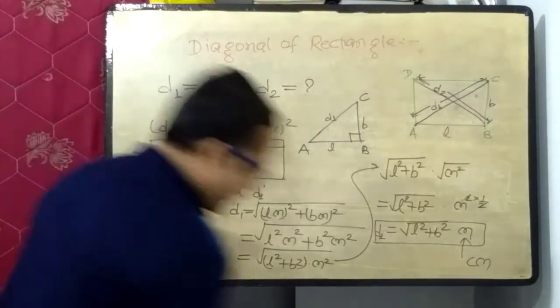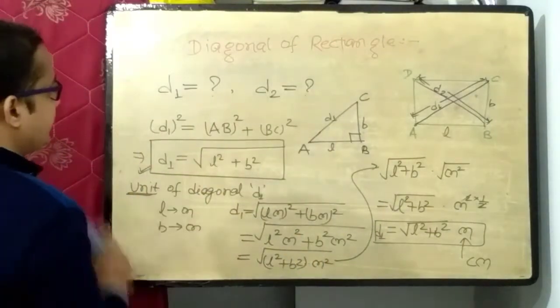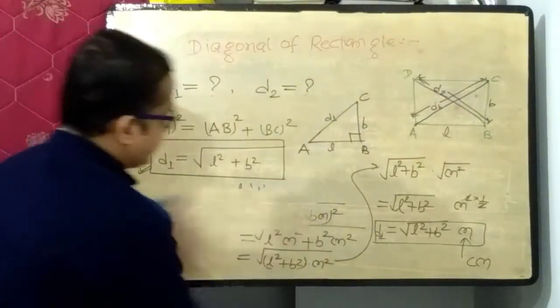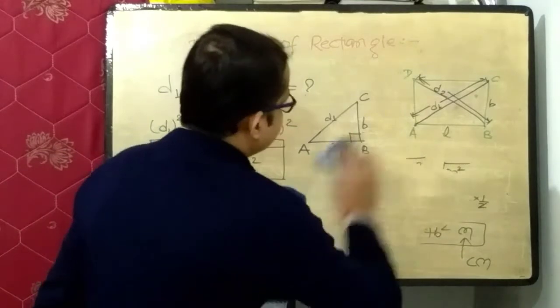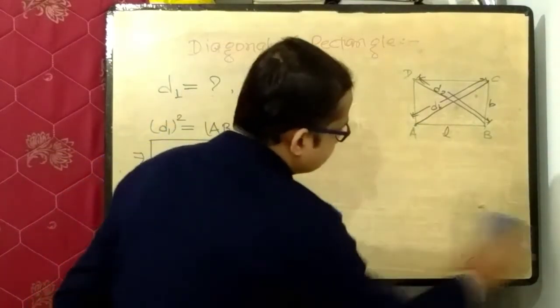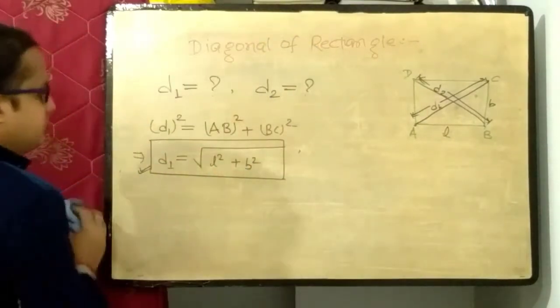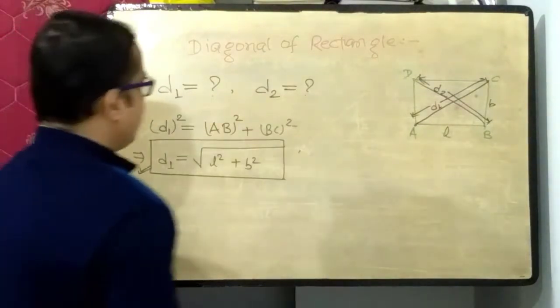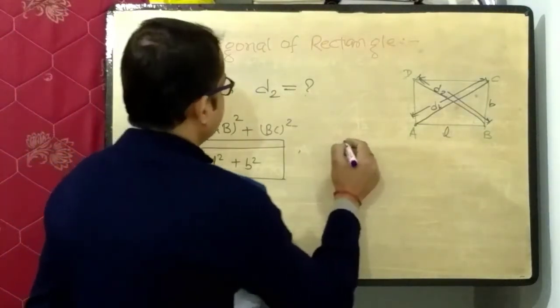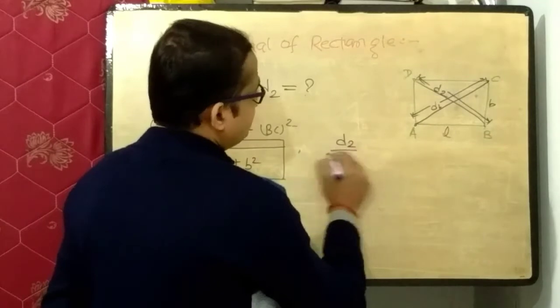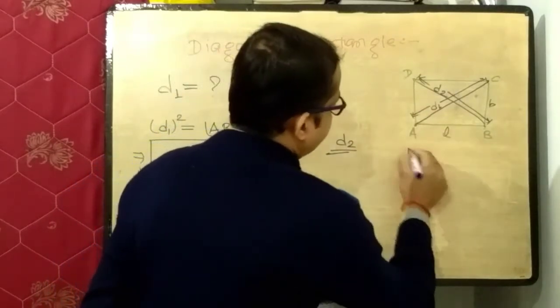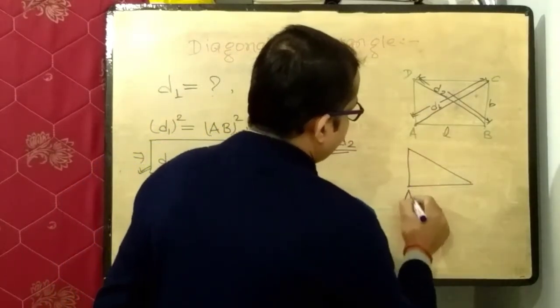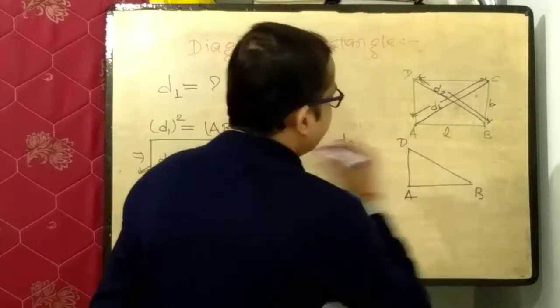Now move on to calculate diagonal D2. Leave this diagonal D1 as it is. To calculate the length of the second diagonal, that means D2, we are considering triangle ABD.